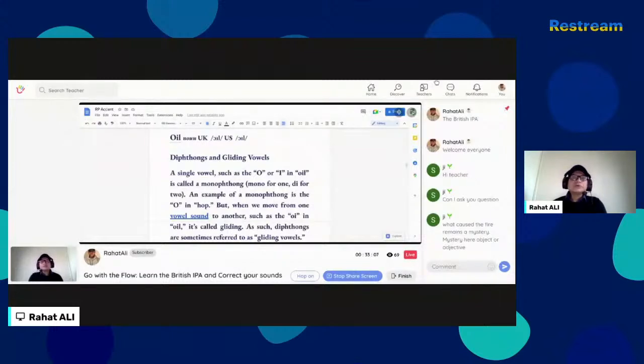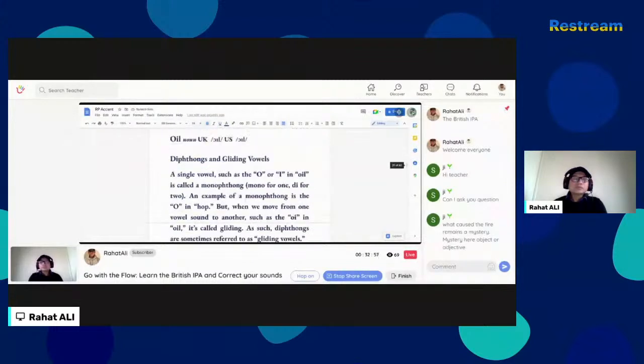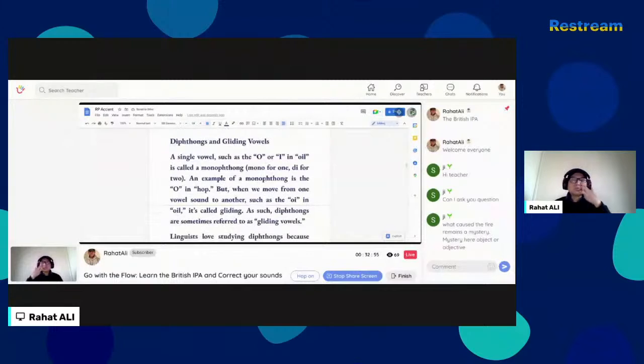Okay, so a single vowel such as the O or I in whale is called a monophthong. Mono for one, di for two.